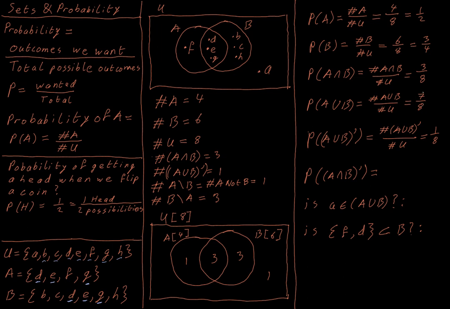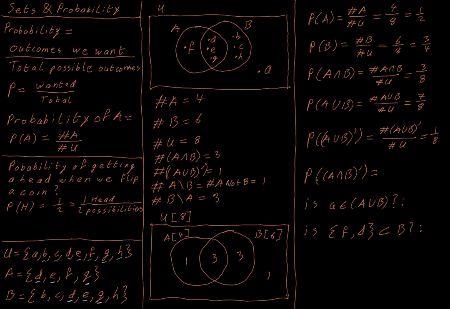We can see the probability of getting a letter from A union B plus the probability of getting a letter that is not in A union B would add up to 1. It would add up to 8 out of 8, which would be 1, which makes sense because we'd certainly get a letter that was either in A union B or not in A union B. And that will be an important idea in probability in the long run.